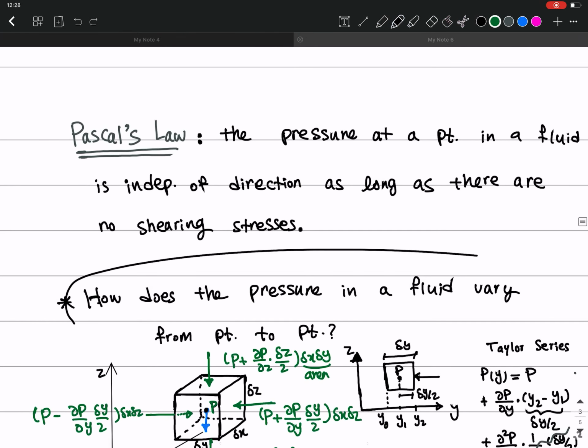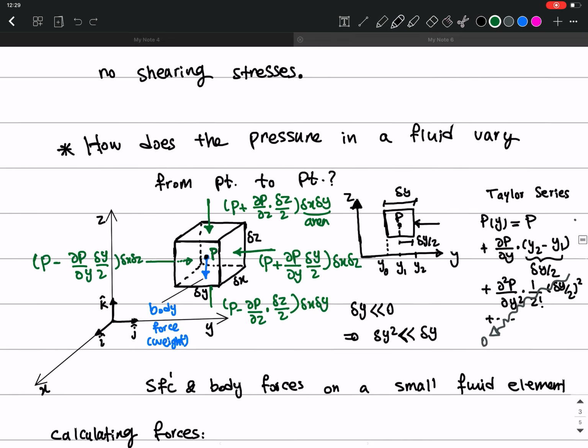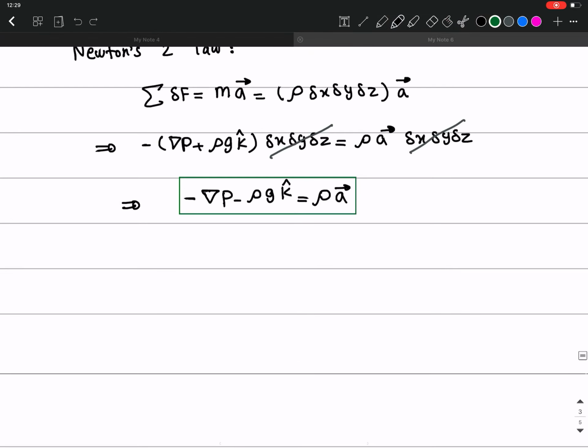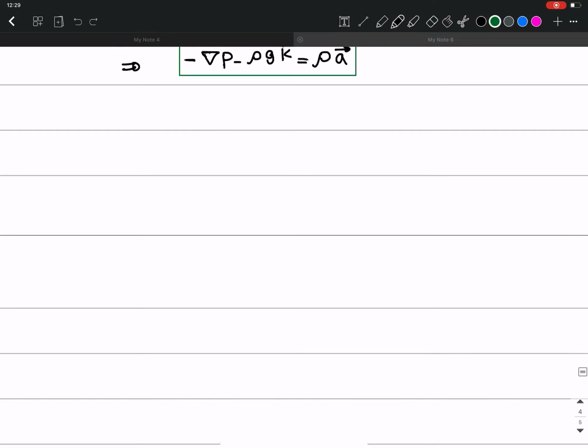So this is the pressure variation in a fluid from point to point, but I want to see this for a simpler case, which is the pressure variation for a fluid at rest. Okay?